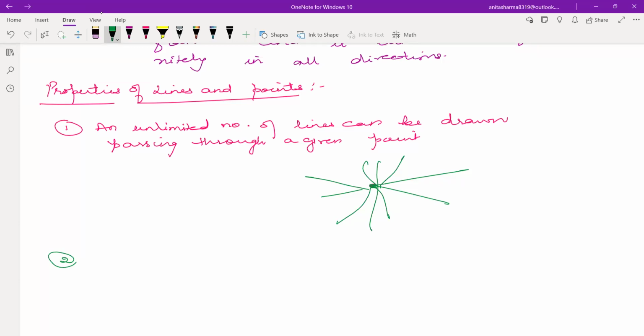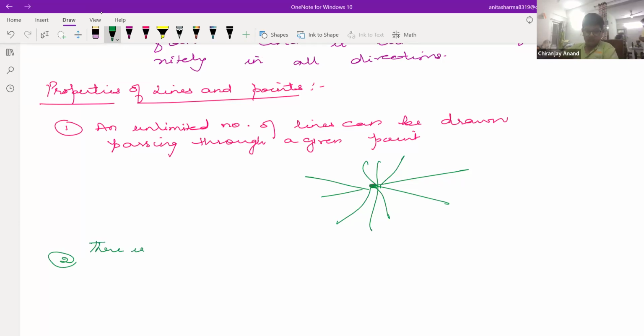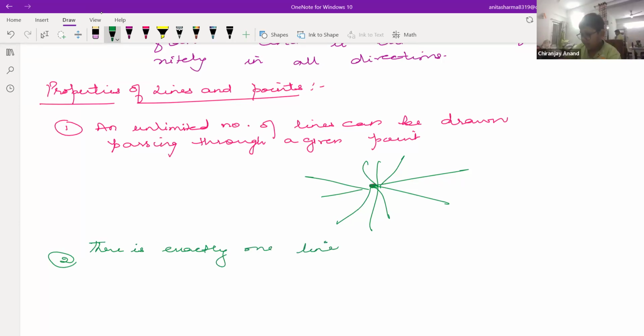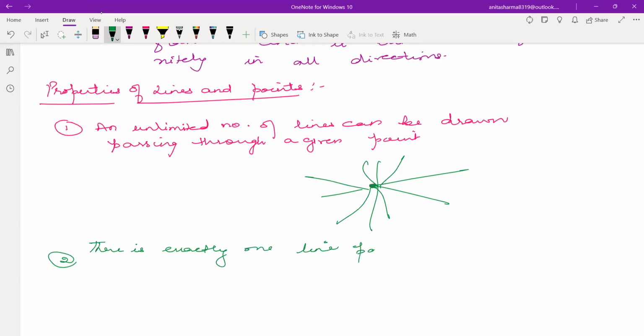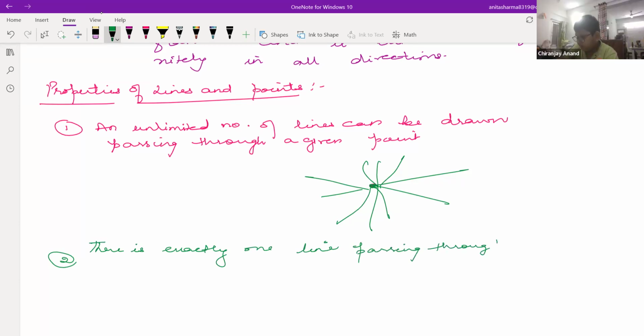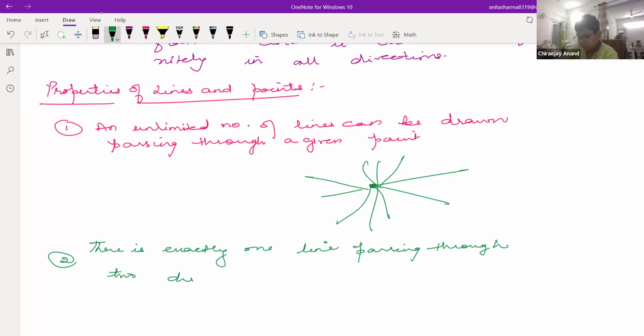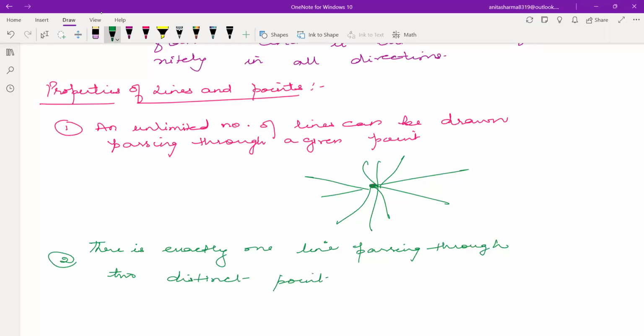The second one: there is exactly one line passing through two distinct points. Now see, suppose two different points we are having.